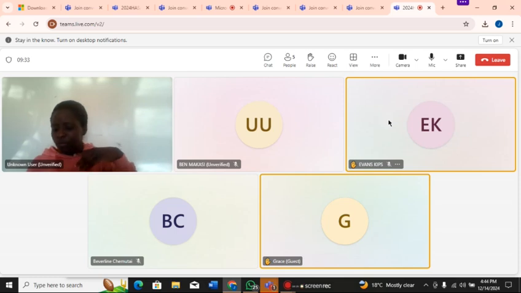And also, gases occupy the whole space. Are you getting me? Yes, we are getting you, madam. Then they occupy space. It means that it occupies the whole volume. That means that gases have volume.